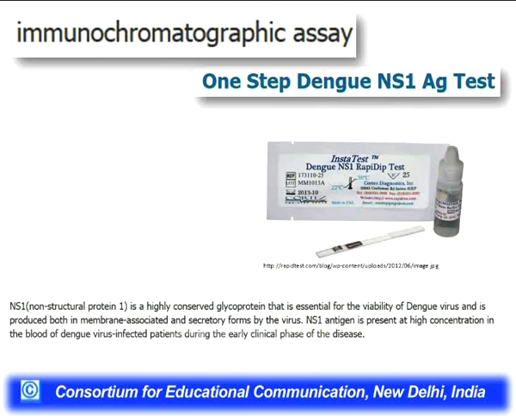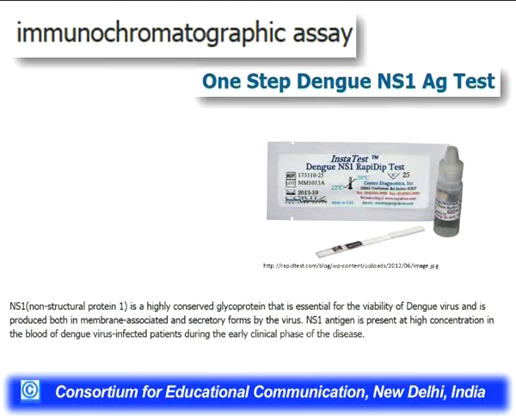In dengue, the virus starts developing within the body, in the platelet cells, and these viruses actively synthesize a molecule called NS1, which means non-structural protein 1. This non-structural protein 1 is a highly conserved glycoprotein, and it is essentially required by the dengue viruses, and it is produced in both the membrane-associated as well as the secretory form of these viruses.